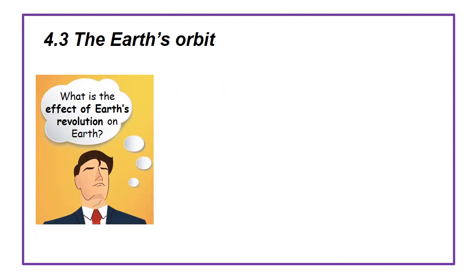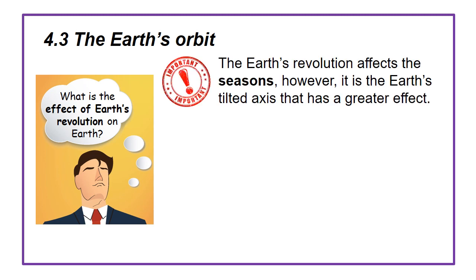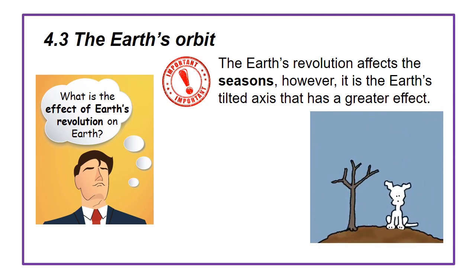Revolution, like rotation, has also an effect on Earth. The Earth's revolution affects the seasons. However, take note, it is the Earth's tilted axis that has a greater effect. Now, here are the 4 seasons in a nutshell.